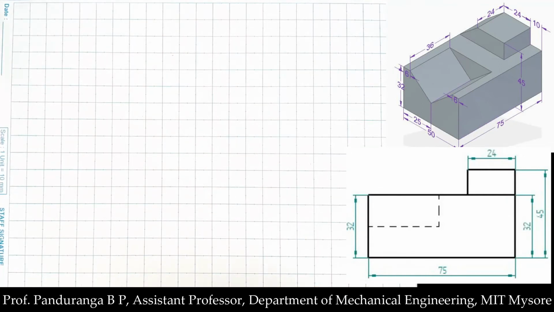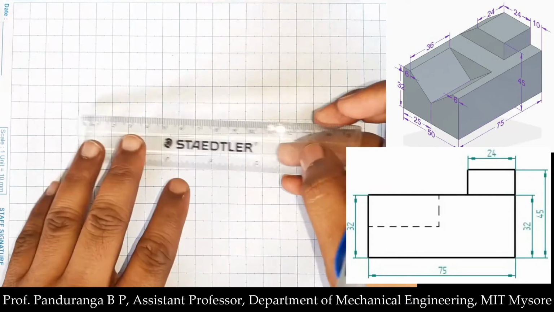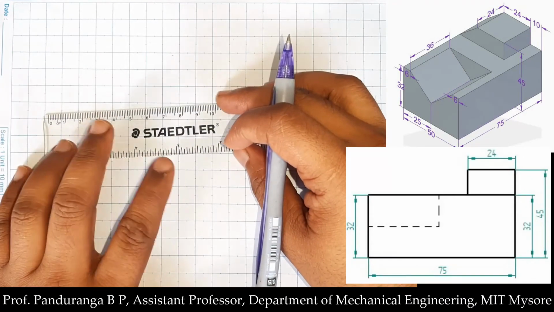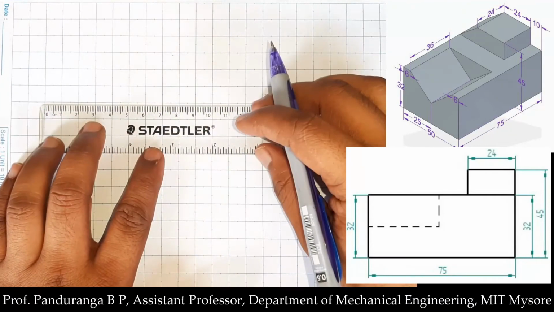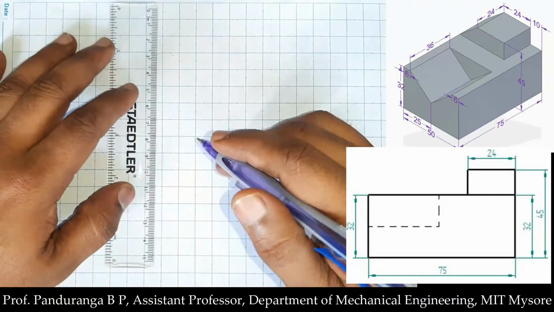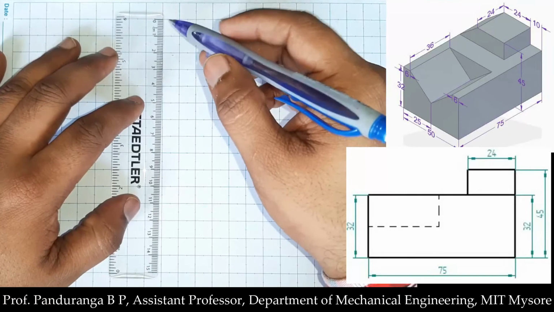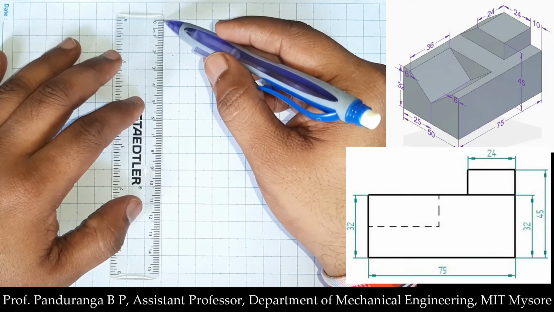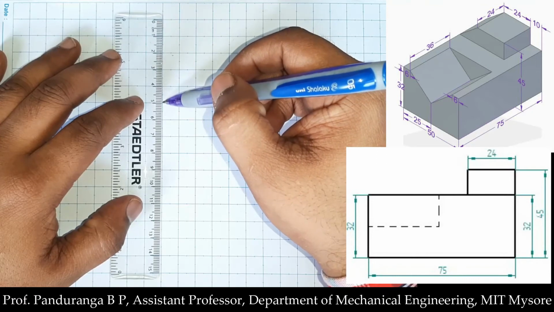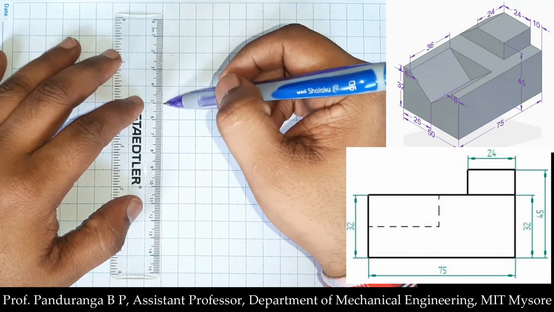I know that in the front view, the base appears to be a rectangle of 75 mm by 32 mm. So I will leave 1 or 2 centimeters, and I'll see the total height is 45 millimeter. From the top I'll leave 1 centimeter, and here we have 50 millimeter.